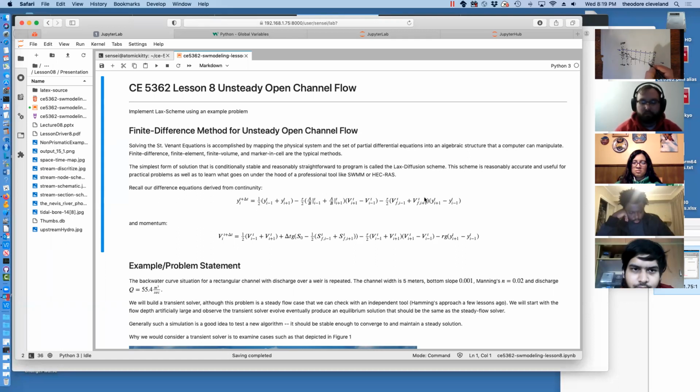But we do have a property called characteristics, which essentially takes our partial differential equations, restructures them as a total derivative, and that total derivative is creating a curve in the x-time space, and it's possible to extrapolate boundary values from that.